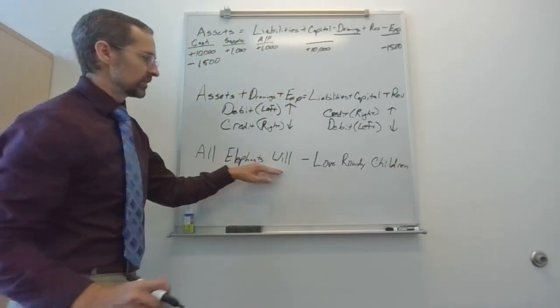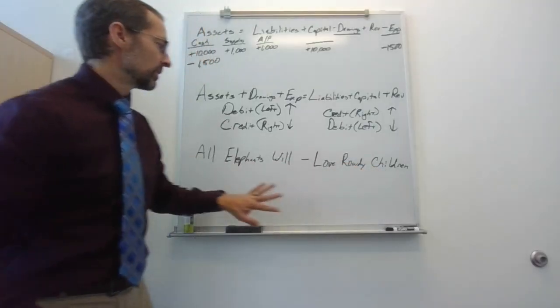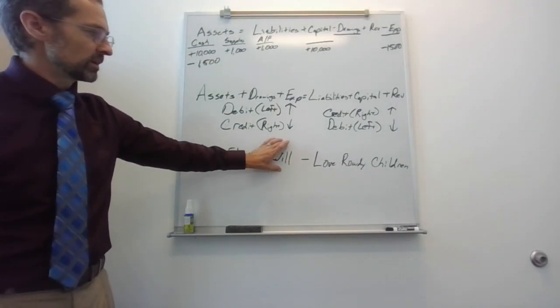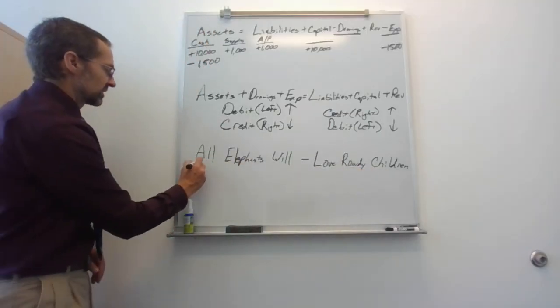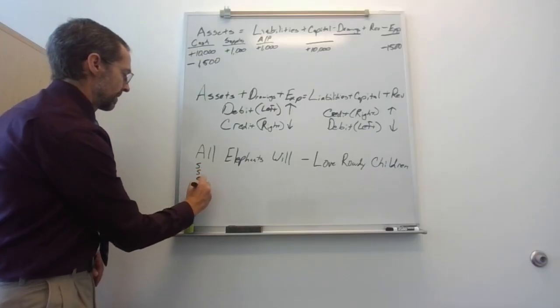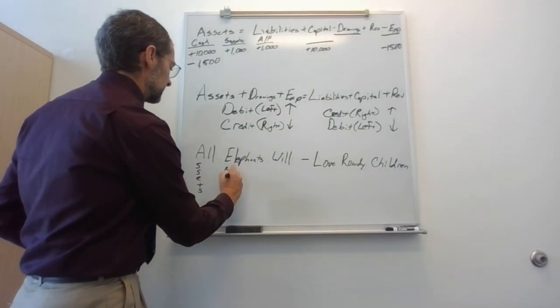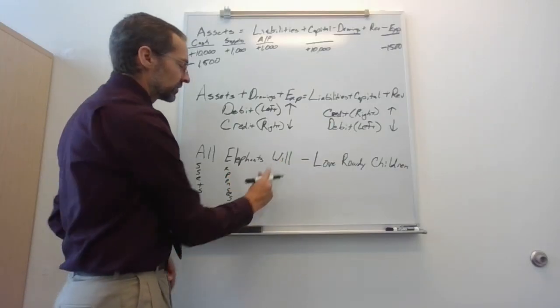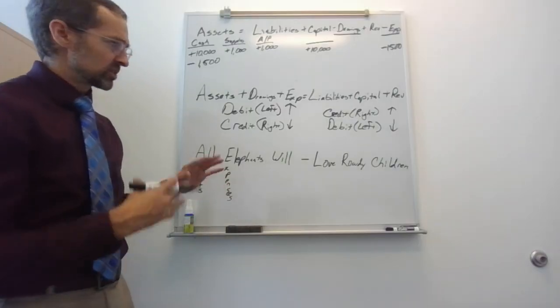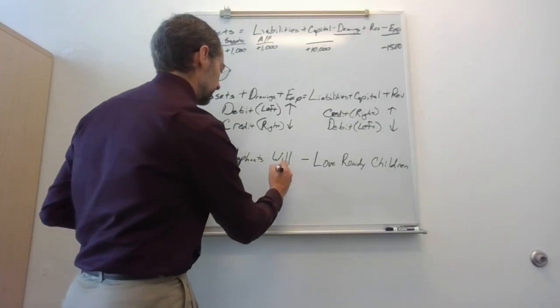So all elephants will love rowdy children. So I have three things over here and then three things over here. The things on the left, these are assets, expenses, and withdrawals, which is the same thing as drawings, just another word for it.